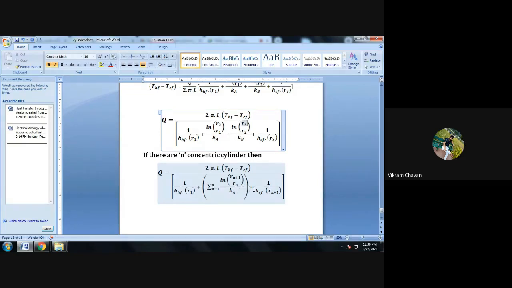And the last term is 1 divided by h suffix cf multiplied by r suffix n plus 1. Getting everyone? Is there any question, any doubt?